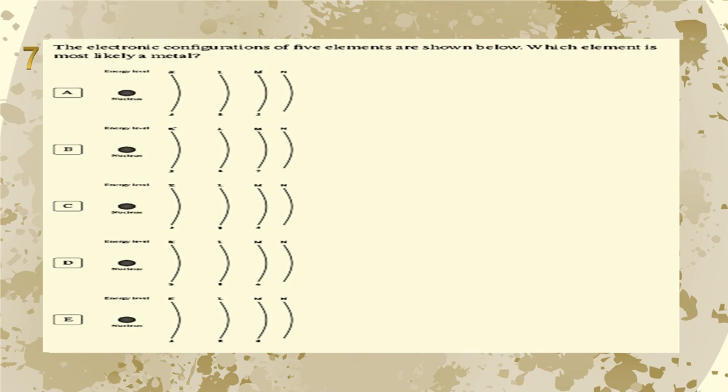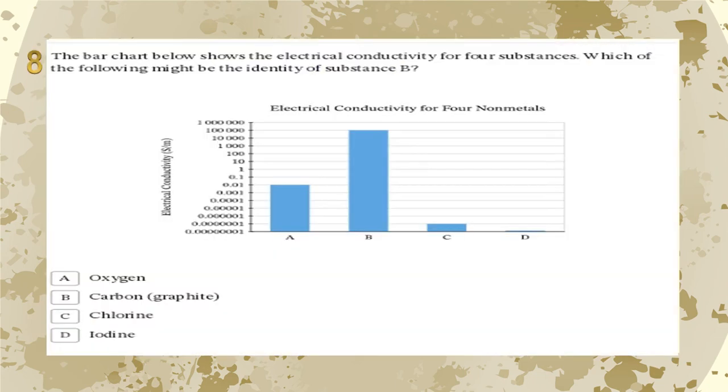What do you think is the right answer here? The first answer, A, that contains 2, 8, 2, has 2 electrons in the M level, and it will lose them, so it belongs to metal.